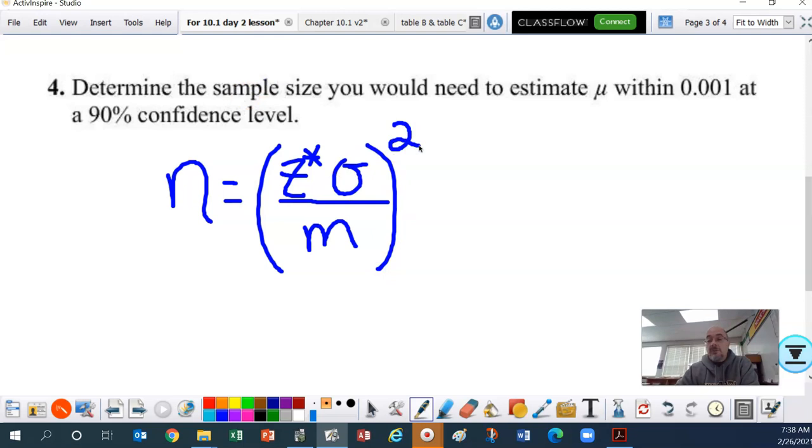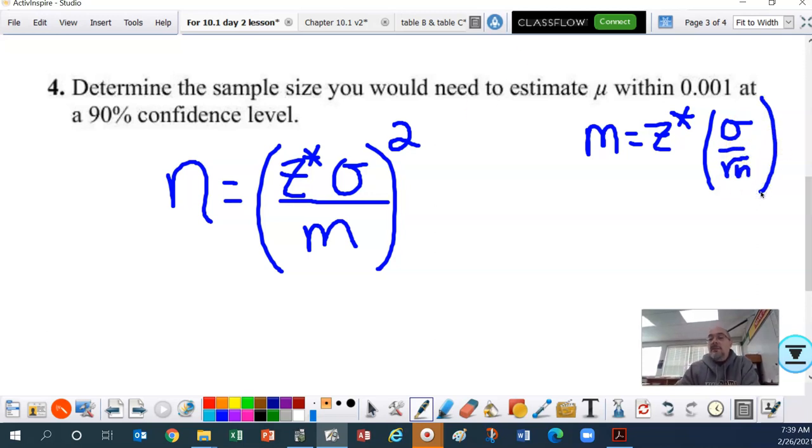Again, this is not given to you on a formula, okay? But what you should know is, ladies and gentlemen, the margin of error is the z star, you should know this, times the standard deviation divided by the square root of n. And then what I did was I solved for n, right?